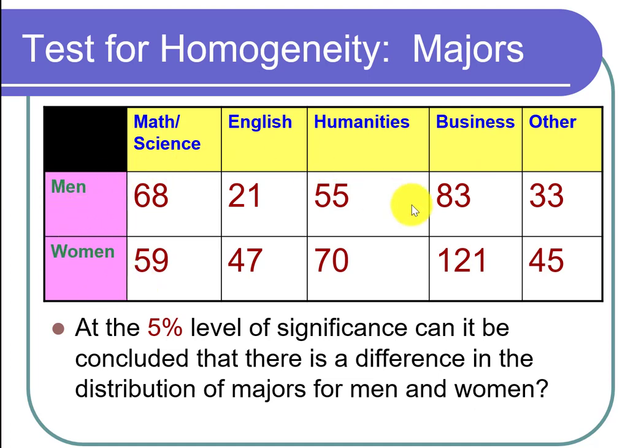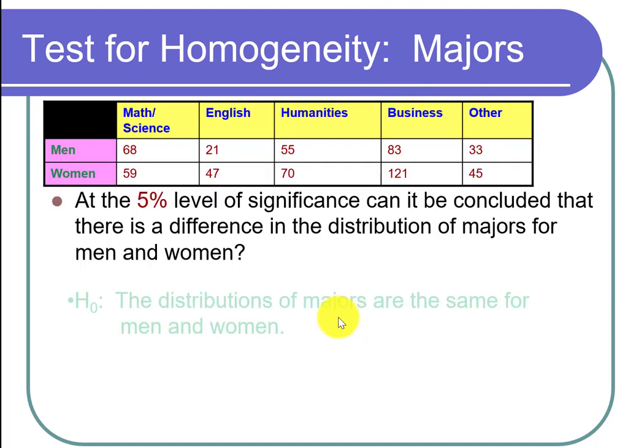So here's our table. We want to find out if there's a difference in the distribution of majors for these two populations. Whenever you want to find out if there's a difference in the distributions for two populations, that's a test for homogeneity. So let's state H naught. H naught, the null hypothesis, is the distributions of majors are the same for men and women.